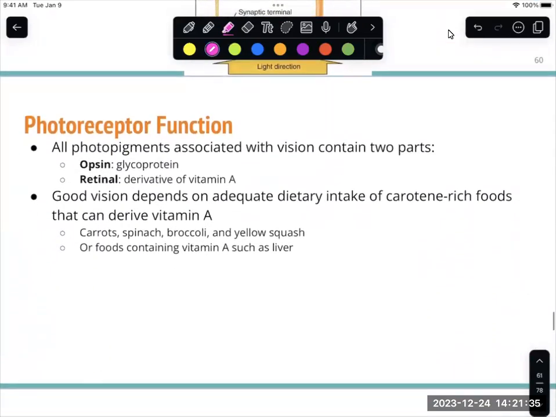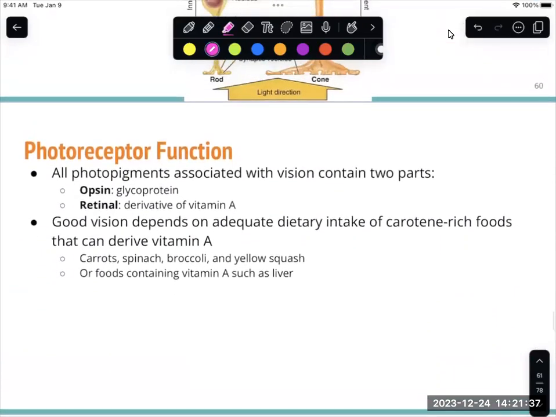So these photopigments, we have opsin, which is a glycoprotein, and retinol, which comes from vitamin A specifically. So to maintain good vision, you need good vitamin A. Here are some different foods that contain vitamin A. Or liver.